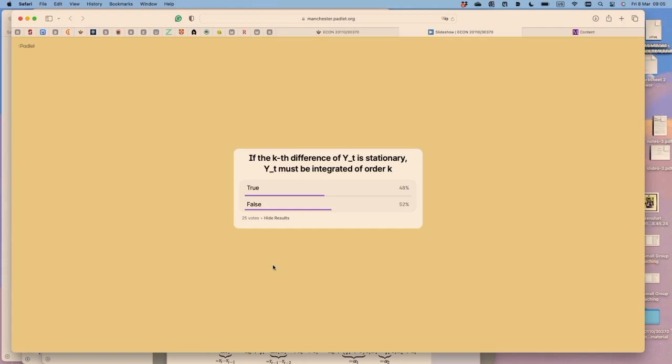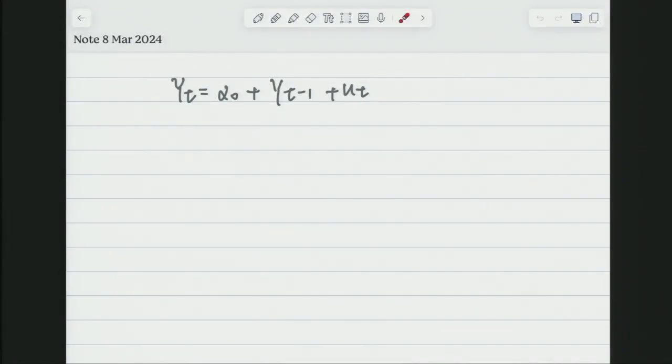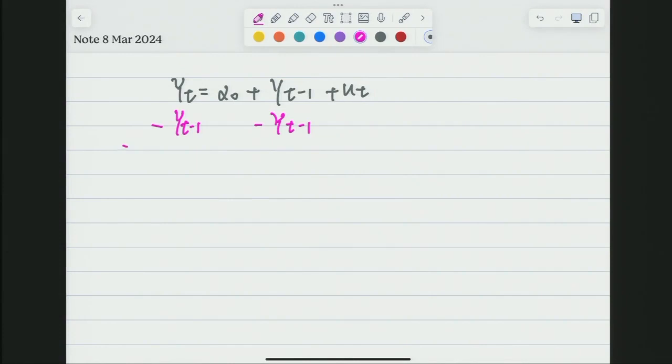So to see this, let's look at our familiar example, the random walk with the drift. Now, we know that if we difference once, so if we subtract yt minus 1 on both sides of the equation, then on the left, we get the first difference, delta yt.